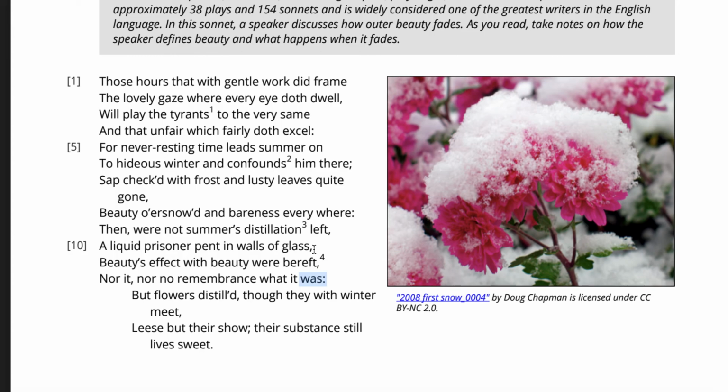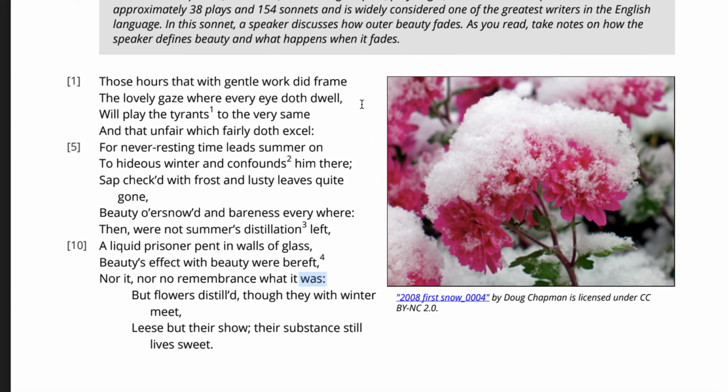But we have to go to the British dialect, and they would actually say "gloss" and "was," okay? So "gloss" rhymes with "was," and that is EF, EF.